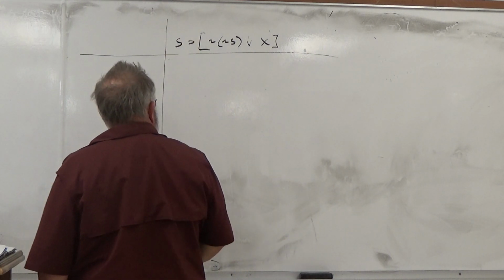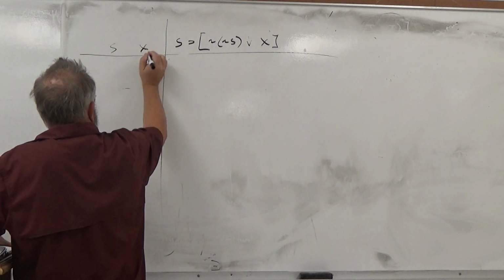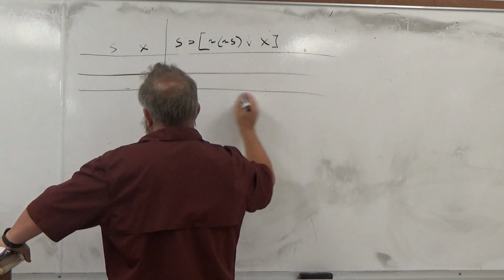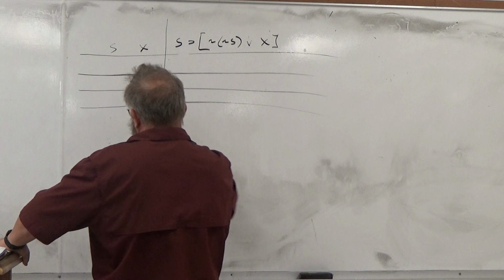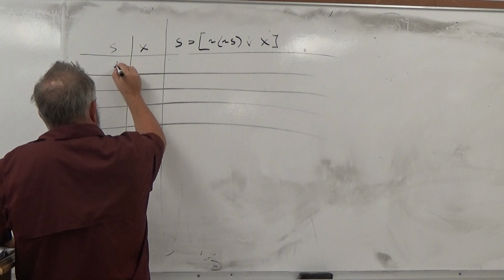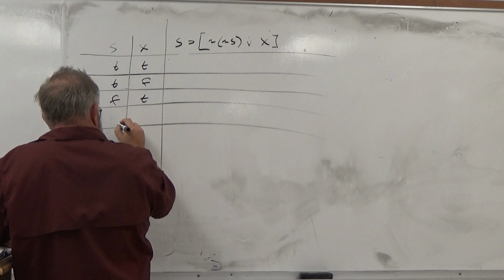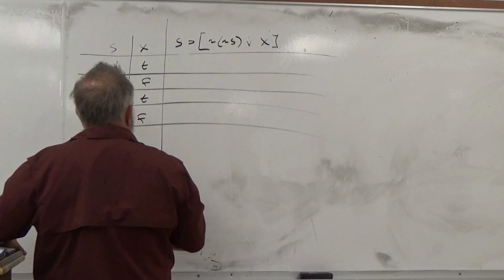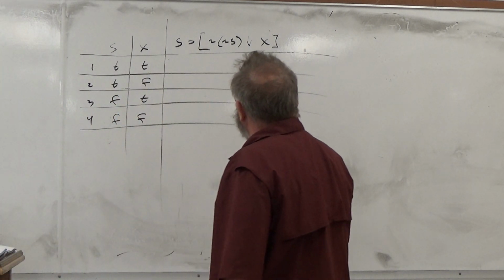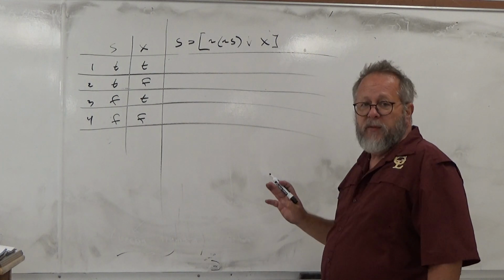There are 2 different statement constants, S and X. That means there are going to be 4 possible combinations of truth values for S and X. Both true, this one true and that one false, vice versa, or both false. 1, 2, 3, 4. So let's calculate the truth value of this statement for all these combinations.